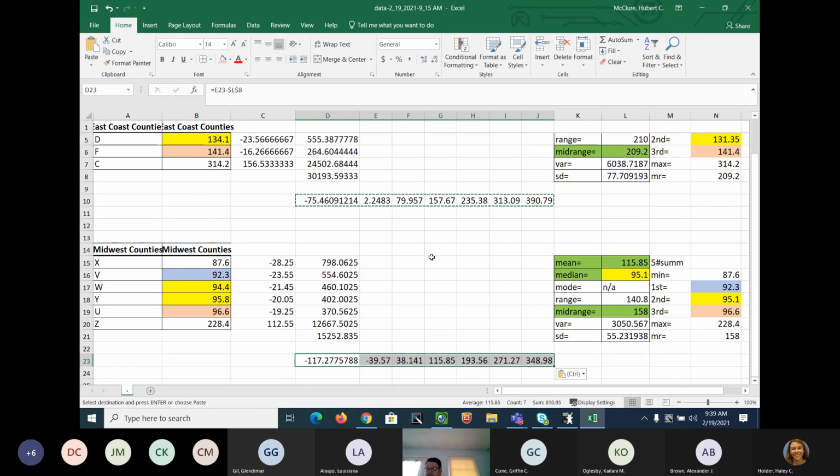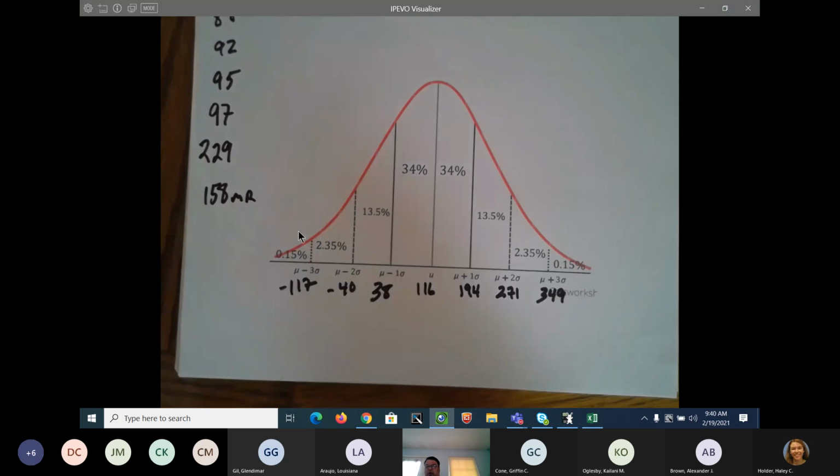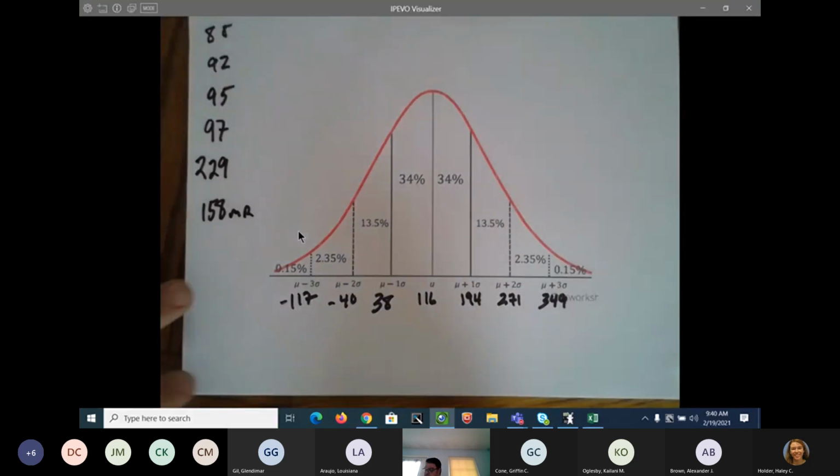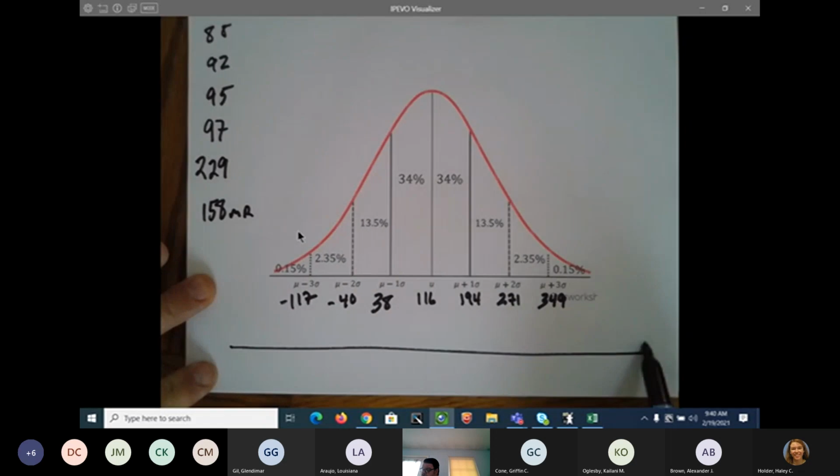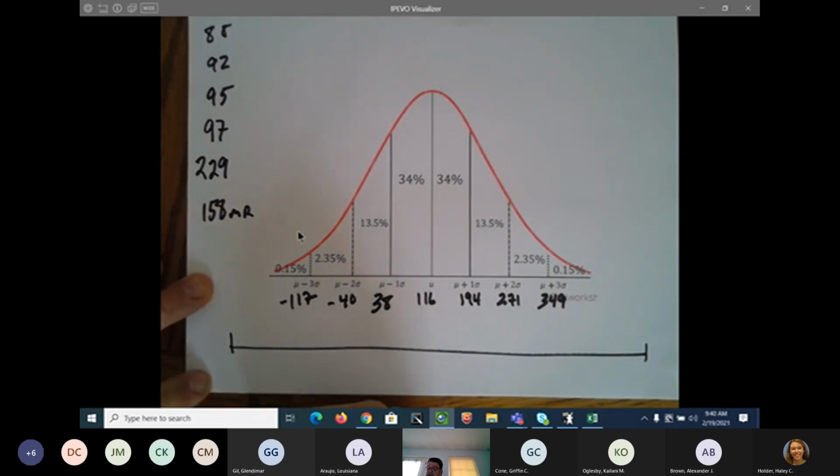So I'm going to draw my, so we got 88, 158, and 229. Well, 88 to 158 is 70. Half of 70 is 35.